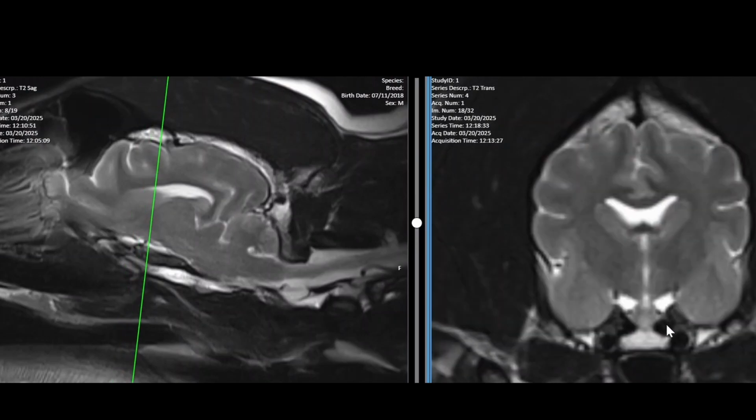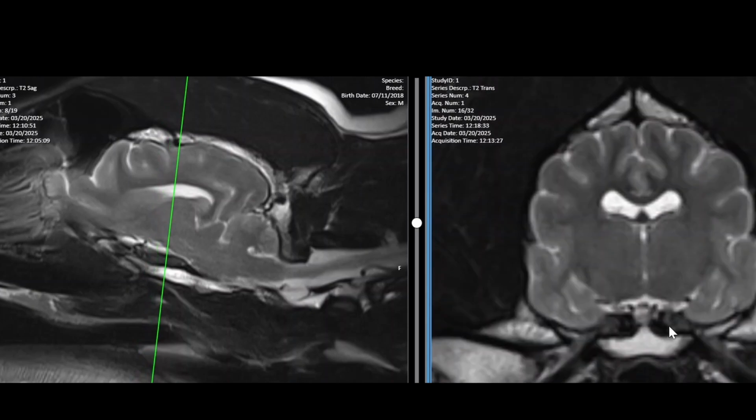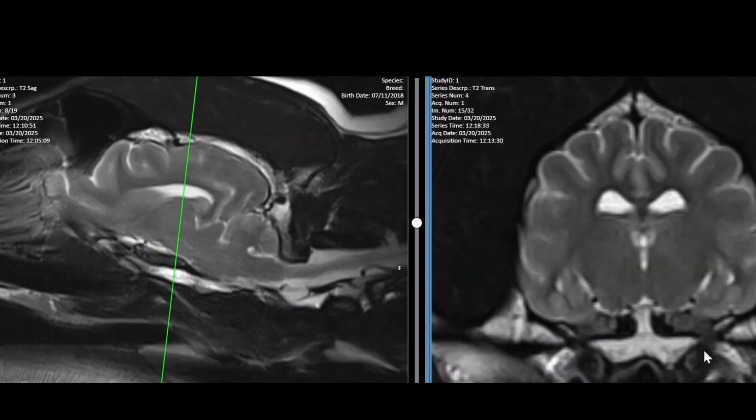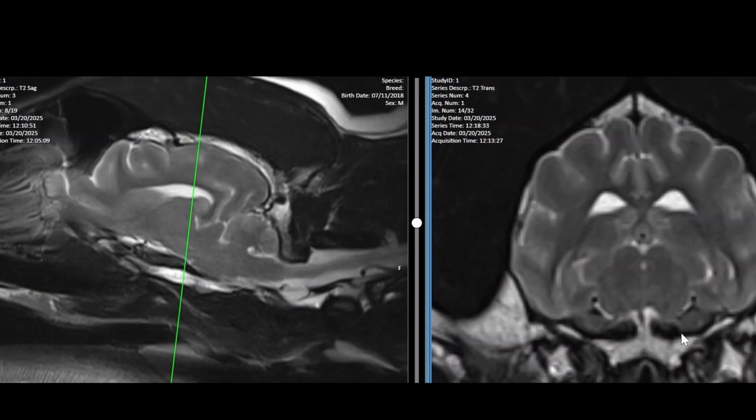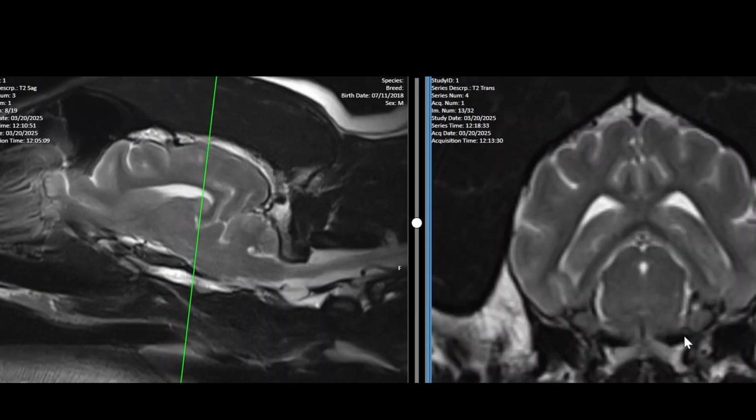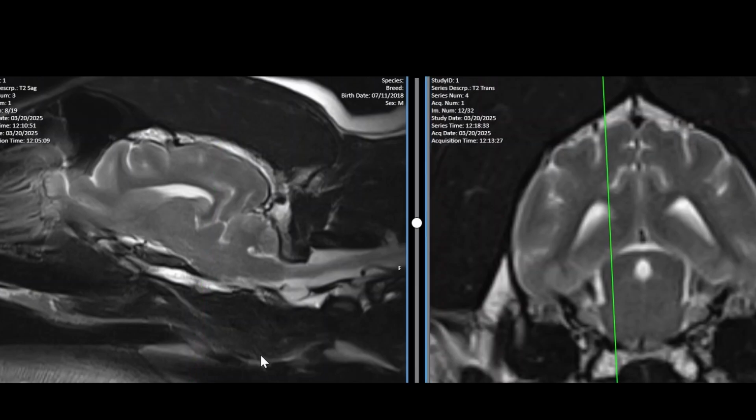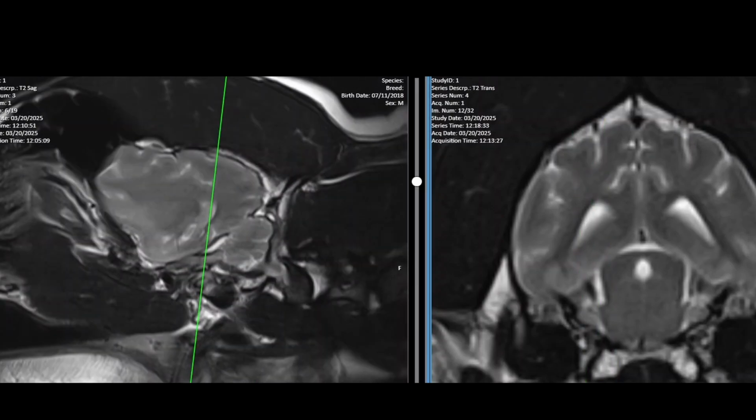So having localized in on that, I simply follow it back caudally, as we can see here, till we get out of the orbital fissure and into the region of the cavernous sinus. We can see the maxillary branch leaving. Then we can see the mandibular branch leaving.